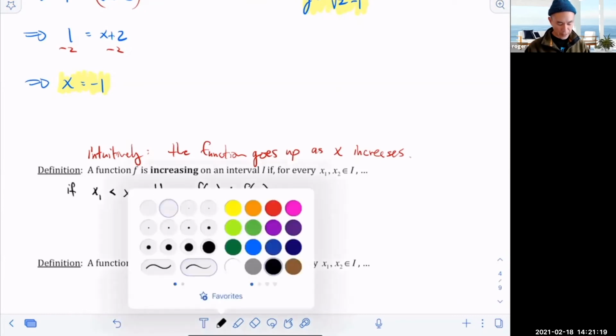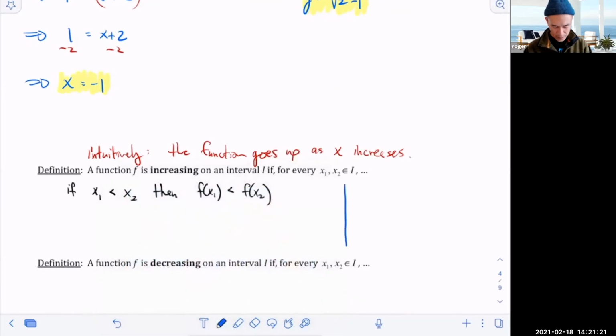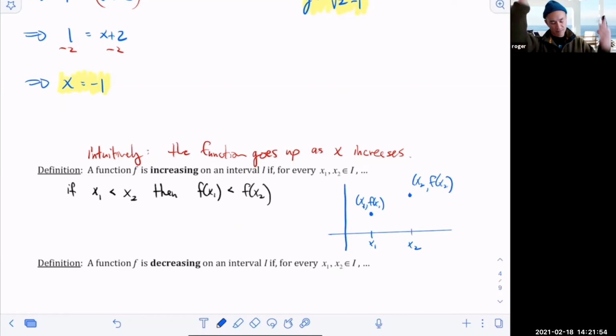So if I were to draw a picture to show you that, let's say x1 is here and x2 is over here. If this guy is x1, f of x1, then when I look at x2, the y value should be higher, right? So if I come over here, this is x2, f of x2. Can you see that when x1 is less than x2, f of x1 is less than f of x2? That's what increasing means.